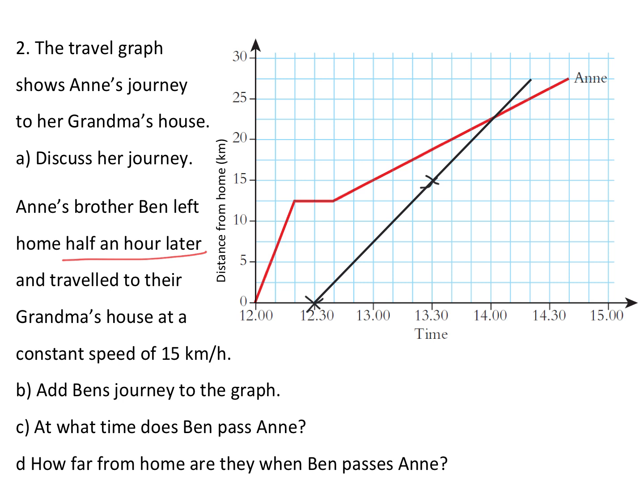They're beside each other at that stage, and that must be when Ben is passing Anne. So the whole bit of the journey before that, Anne is ahead of him because her distance away is bigger than Ben's, whereas here her distance away is smaller than Ben's. So this is where they cross, and it's at 2 o'clock, 1400 hours.